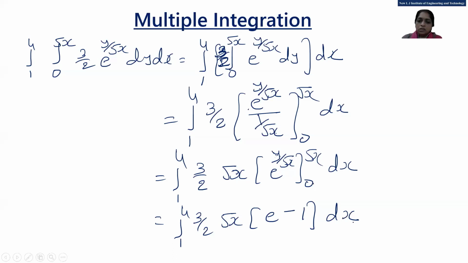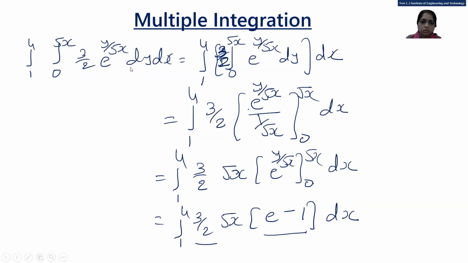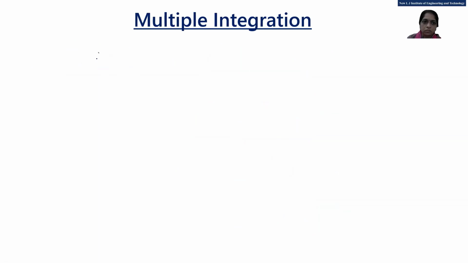Now this 3/2 and this e minus 1 are constant. If I keep them out of the integral, it is equal to 3/2 times e minus 1.